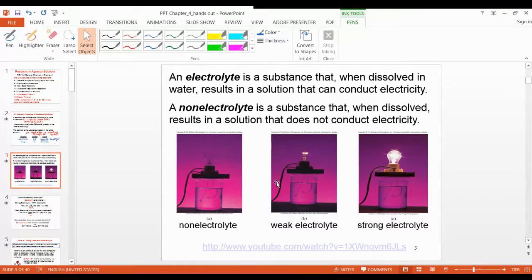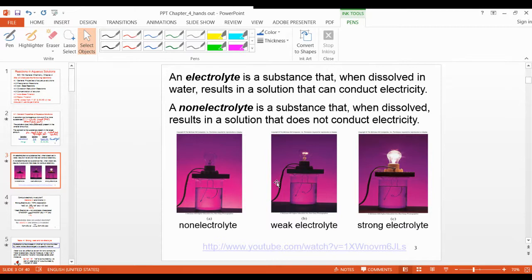So look at these three examples: non-electrolyte, weak electrolyte, and strong electrolyte. With a strong electrolyte, look here, you get a very bright light. It means the solution contains more ions, plus and minus ions. If your solution is full of plus and minus ions, you will get very good light.